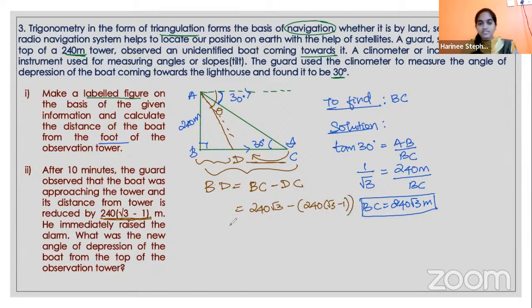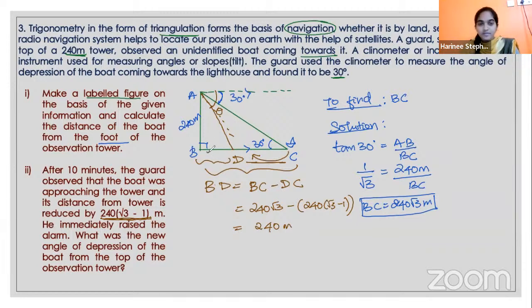Find out how much this is. Very good. Because it's 240 √3 and this minus 240 √3 gets cancelled. Only the positive 240 will remain.